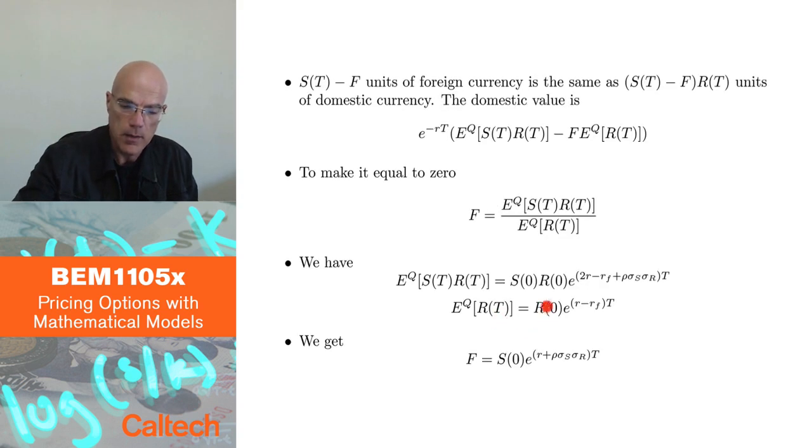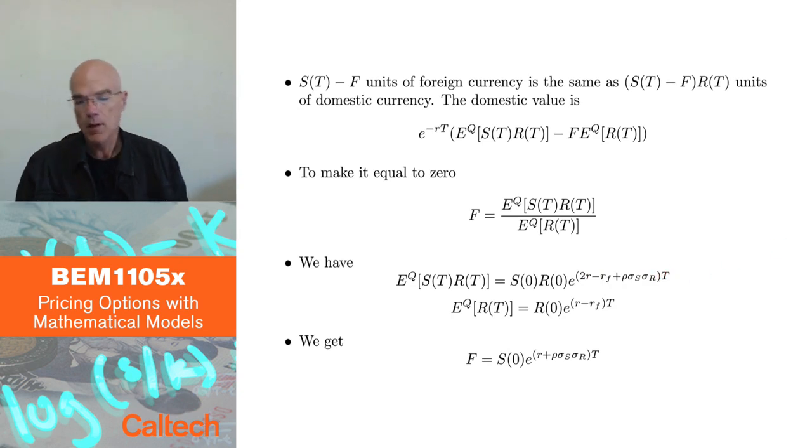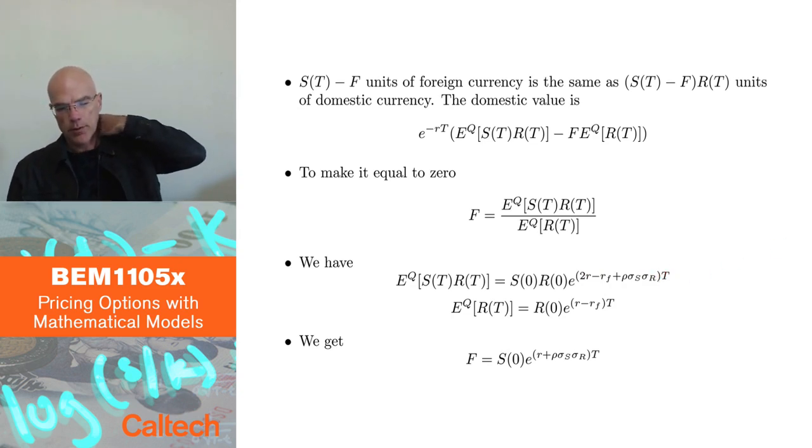The expectation of r is r0 e to the constant times capital T. The constant was r minus rf if you look at the previous slide. And here it's s of 0 e to the constant times capital T. So that's just using the general formula on these two processes, which are both of that type that I have in the previous slide as dx.